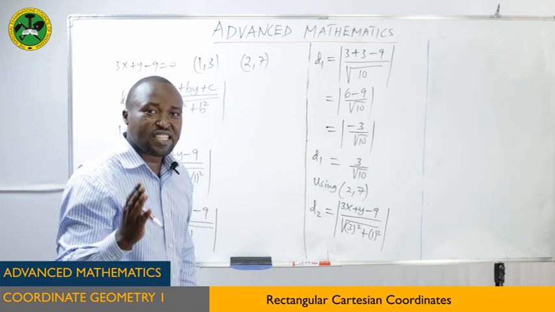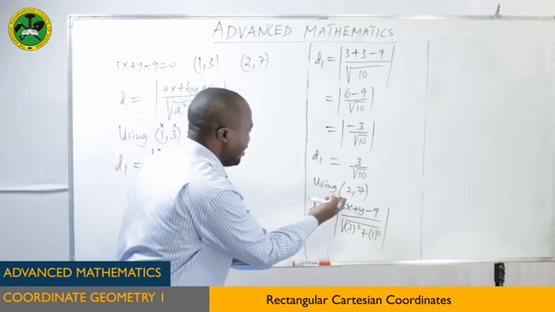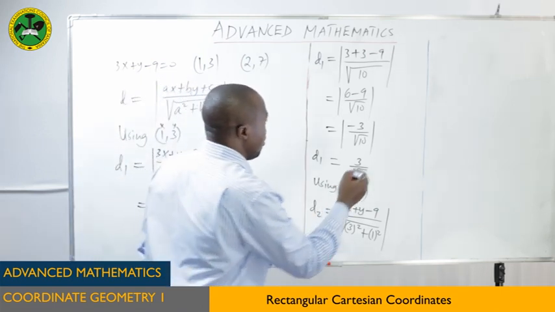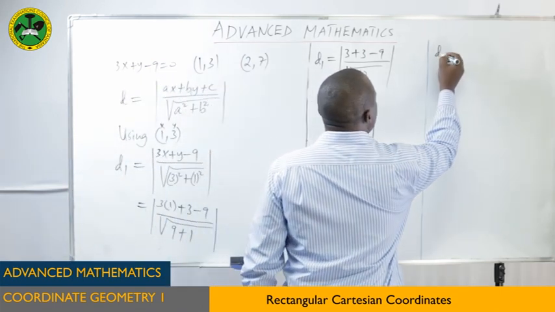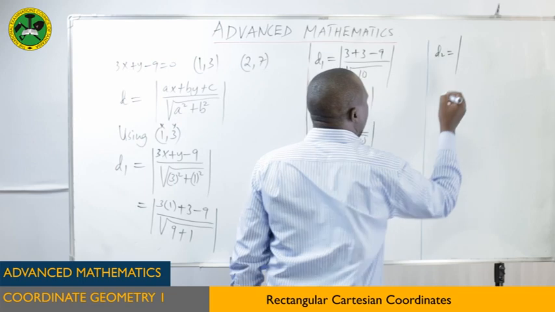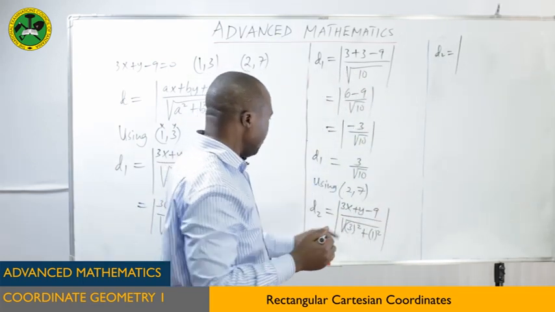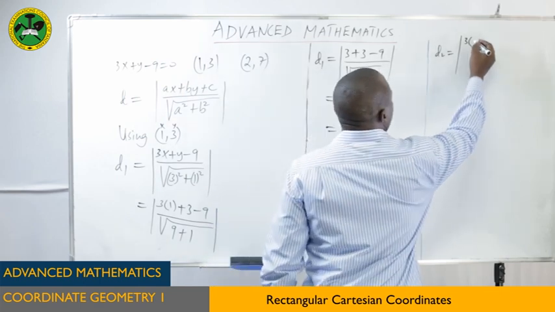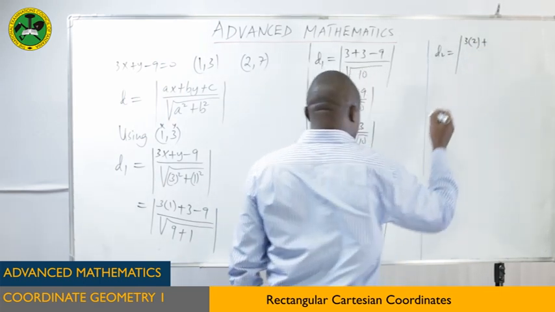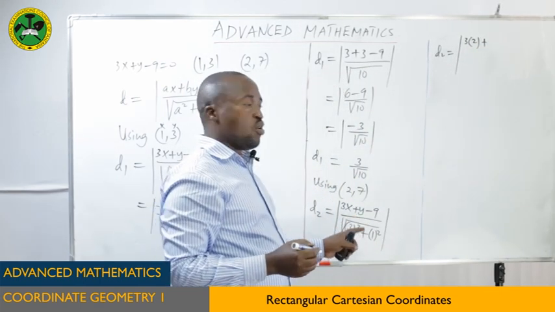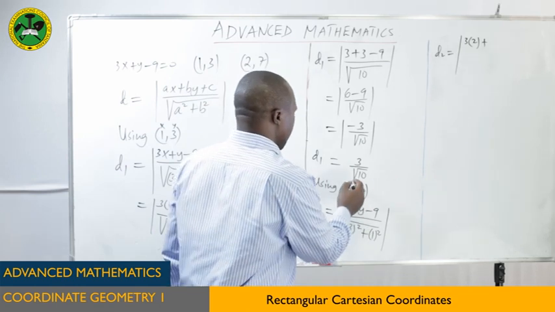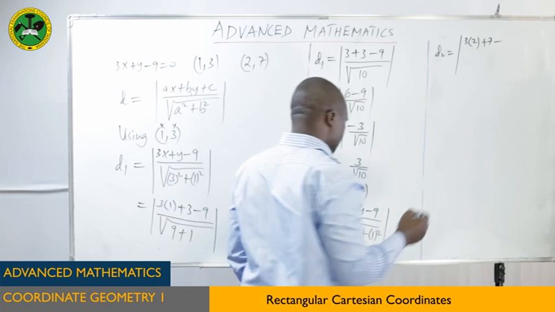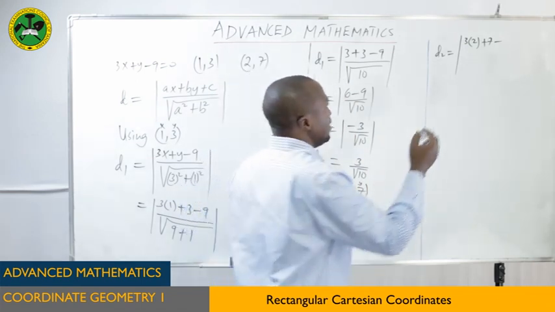But this time we substitute the second coordinate, which is (2, 7). So we are going to have D2 is equal to the absolute of 3 times 2 plus, of course, followed by y. So the value of y is 7. So plus 7, then minus 9.